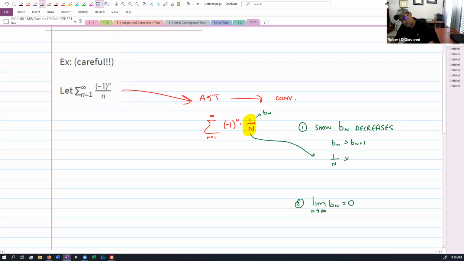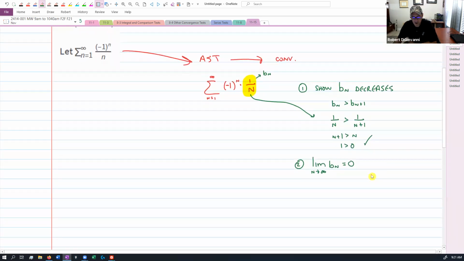I have to show that that's bigger than 1 over n plus 1. If I cross multiply, I get n plus 1 is greater than n. And if I subtract n from both sides, I get 1 is greater than 0, and that's true. So I've shown the first thing I need to show for the alternating series test, right?